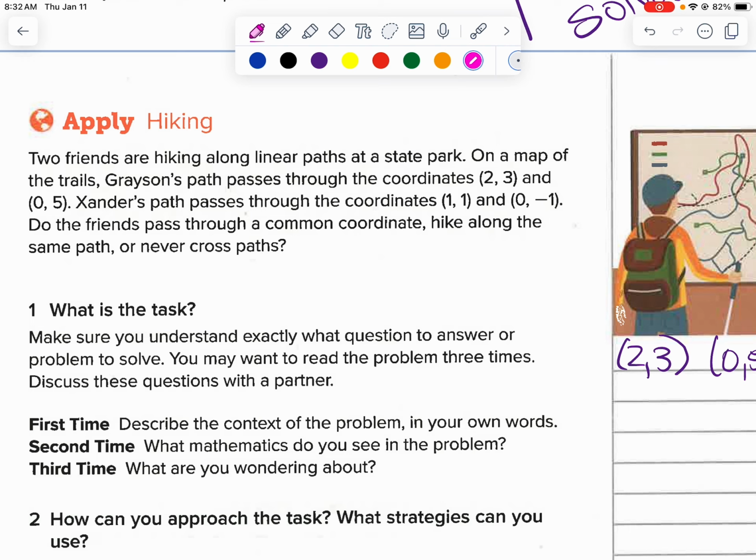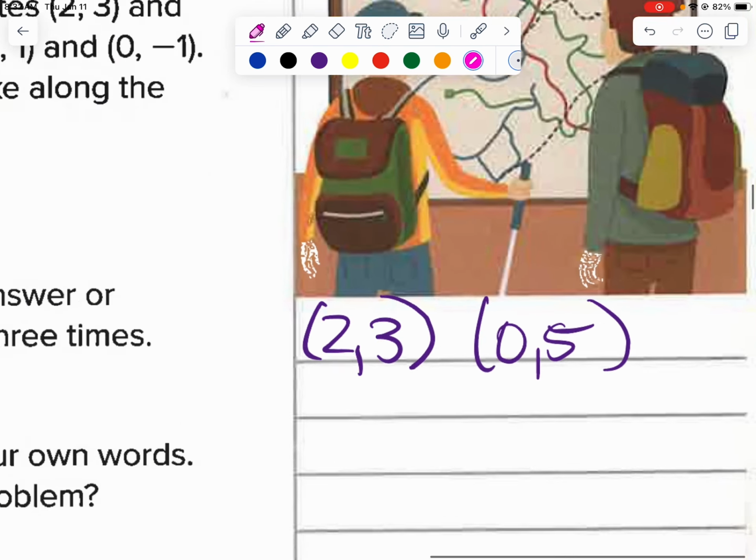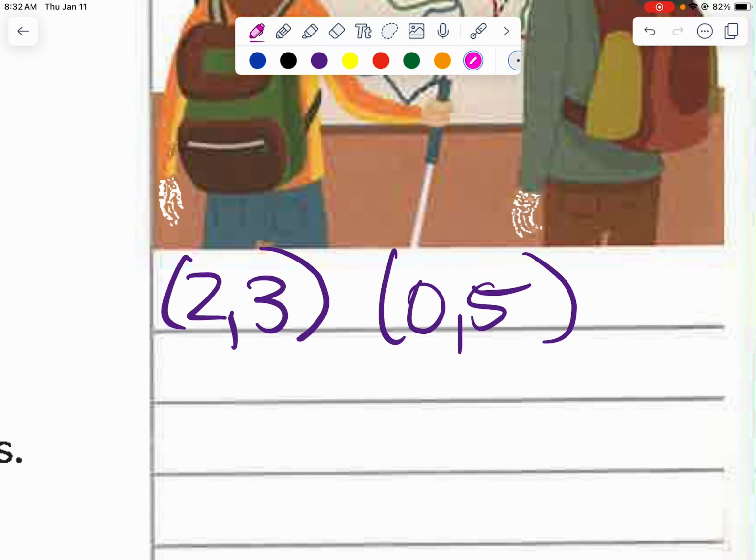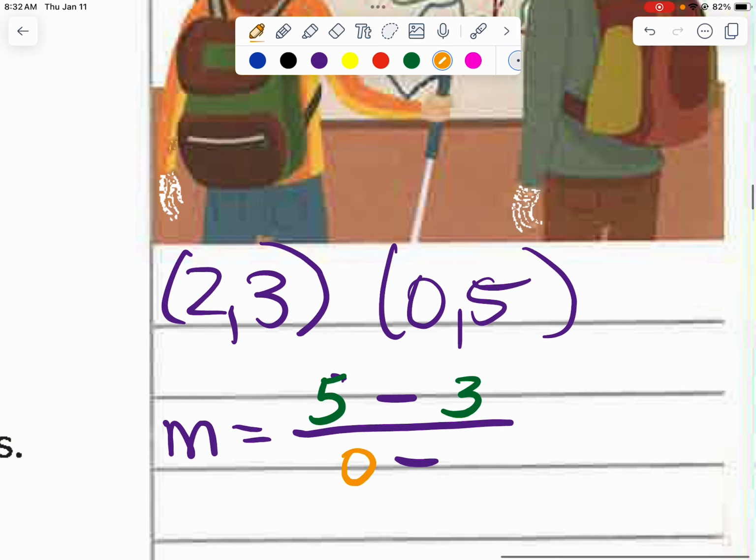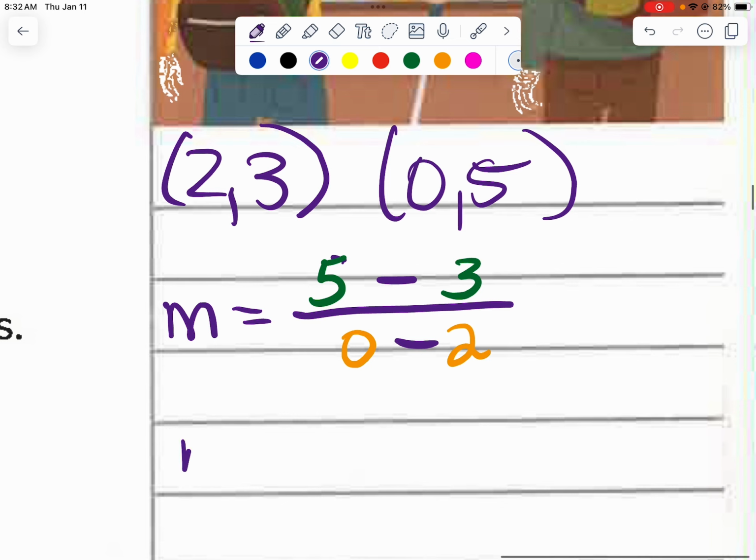So do they have the same slope or different slopes? We have to figure that part out first. So let's find out if they have the same slope. M equals 5 minus 3 over 0 minus 2. So my slope for this one is 2 over negative 2, which is negative 1.